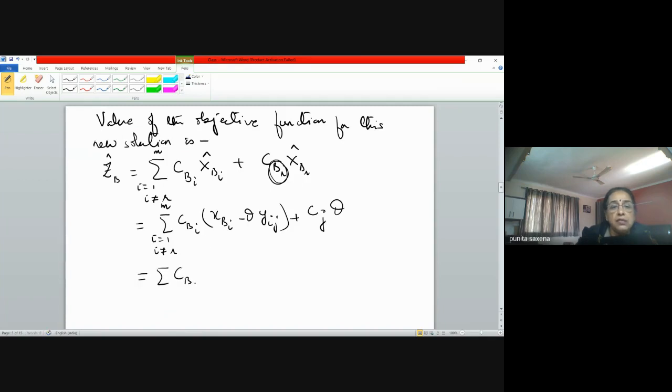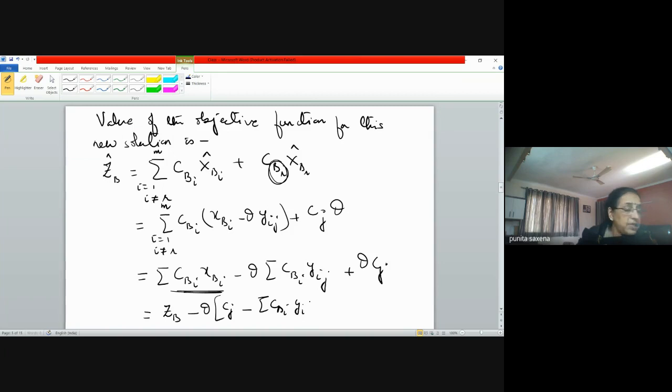I write it as CBI XBI, I'm not writing the suffixes now because they are understood, minus theta CBI Yij plus theta Cj. Now this is actually nothing but your original Z from the earlier basis, because all these are the original basis terms, right? Then minus theta into, now I am writing it a little reversed, Cj minus the summation CBI Yij.